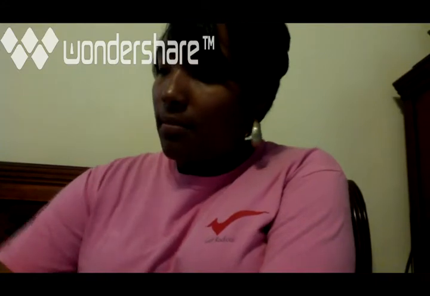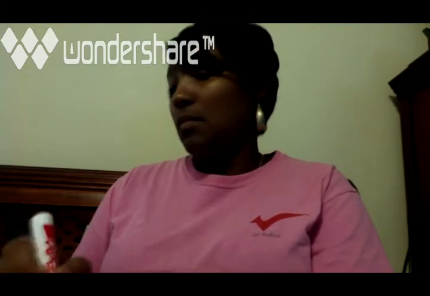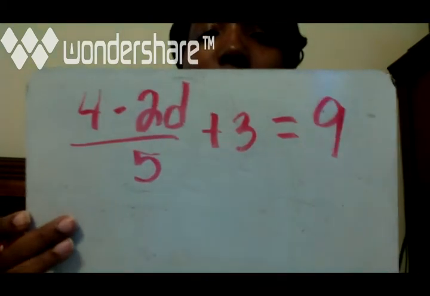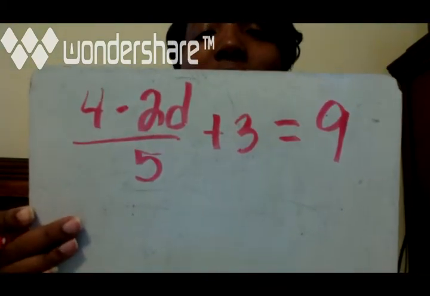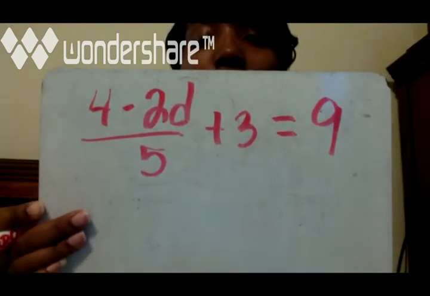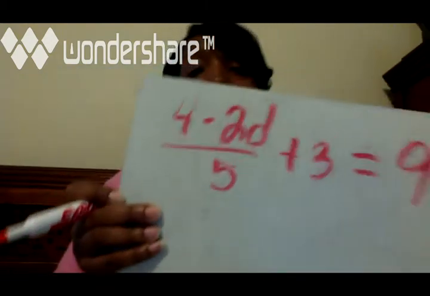Let's try another one. Actually, this one is a little different, but you'll see the same steps shortly. The first thing I would do here is subtract 3 from both sides. I'm going to leave this fraction alone.